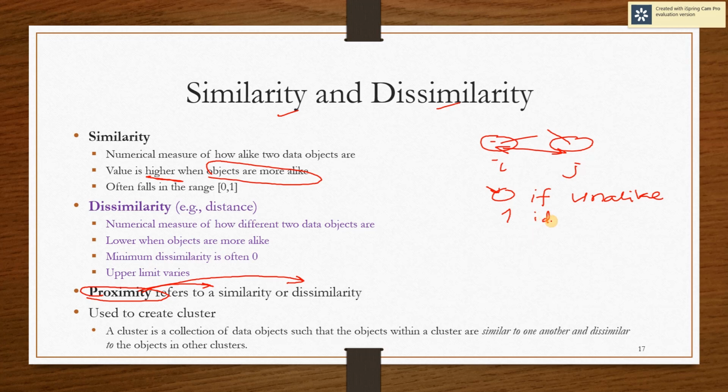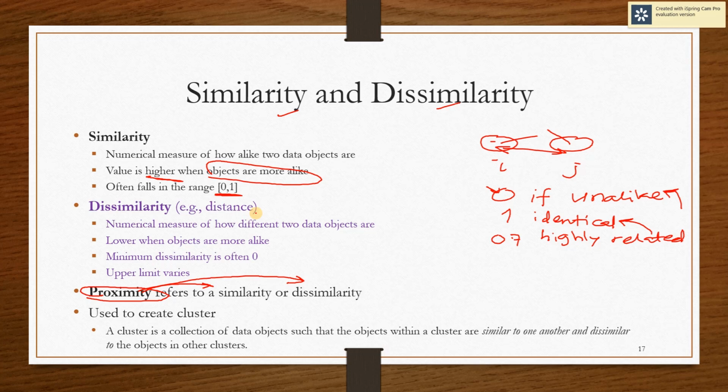Let's say you have a 0.7 similarity measure, that means this is highly related. 1 will be identical, 0 will be not alike or not related. So usually a similarity measure falls in a range of 0 to 1.